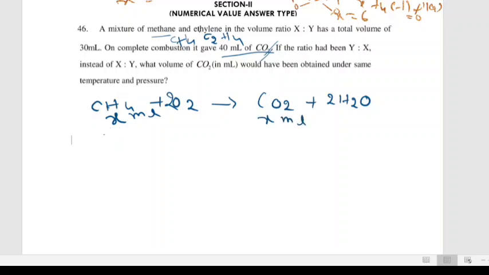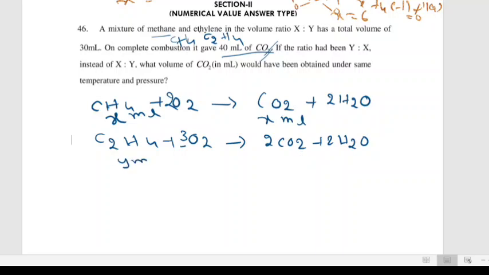Next, ethylene. C2H4 plus again O2 gives rise to 2CO2 plus 2H2O this time. Total of 6 oxygens, so here you can write 3. Anyhow, how much amount of CO2 will be liberated if it is Y ml?